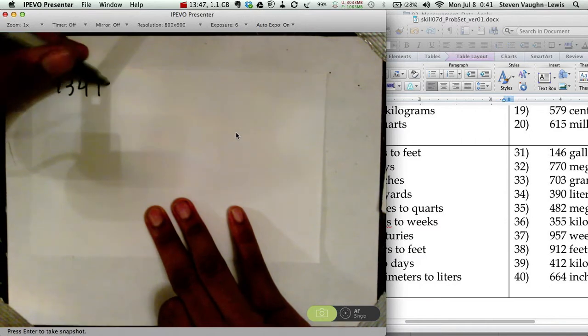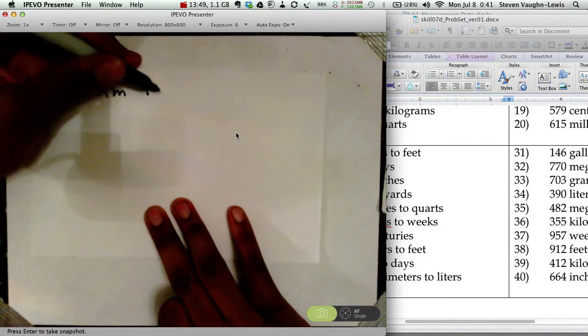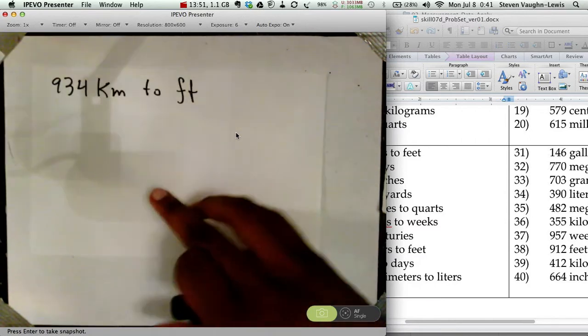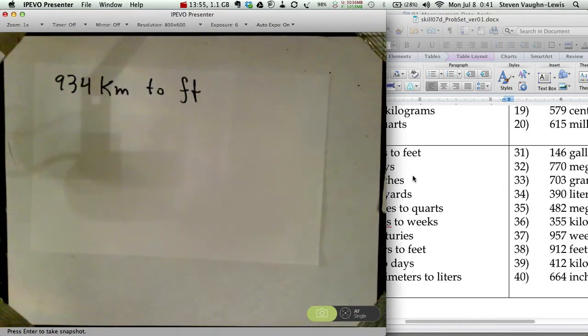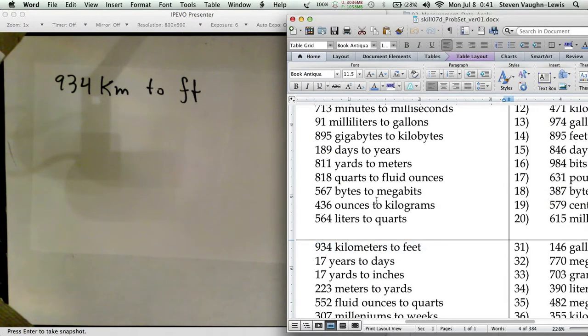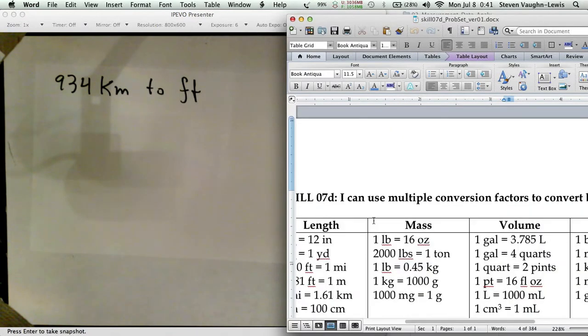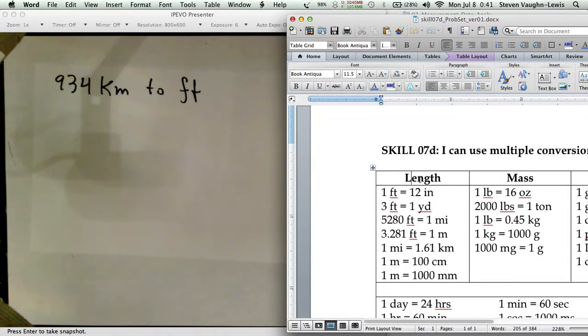We want to convert from kilometers to feet. Look at our chart to see how we're going to get there. Kilometers and feet, we know we're dealing with length. So, starting out with kilometers, where are kilometers? Here we go, 1.61 kilometers. I can go from kilometers to miles. That looks like a good start.